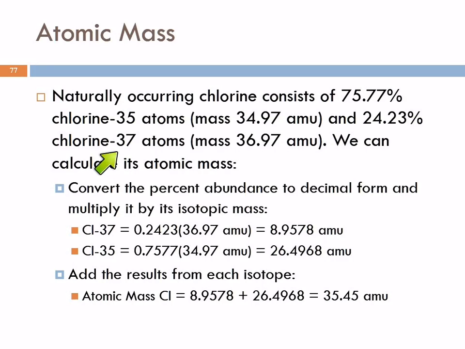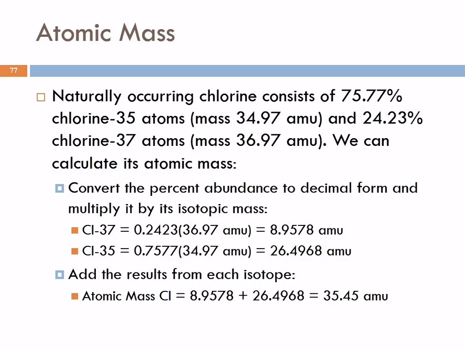And chlorine-37 has a mass of 36.97 atomic mass units. We've experimentally determined the natural abundances of these. 75.77% of chlorine is chlorine-35, and the other 24.23% is chlorine-37.